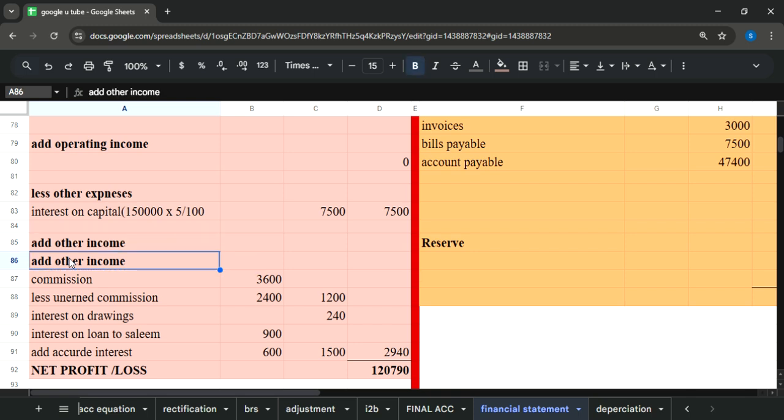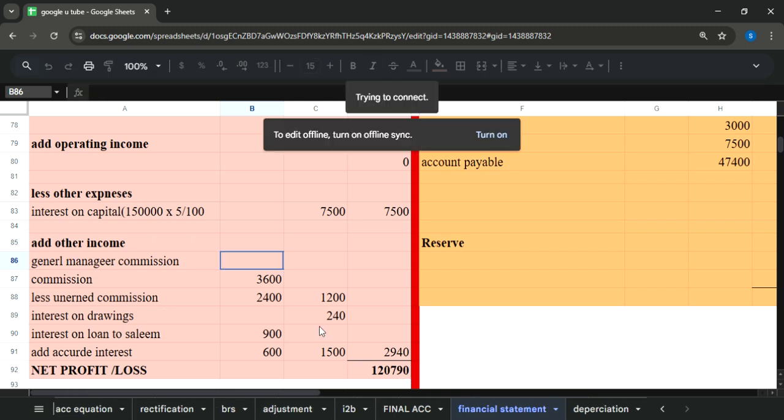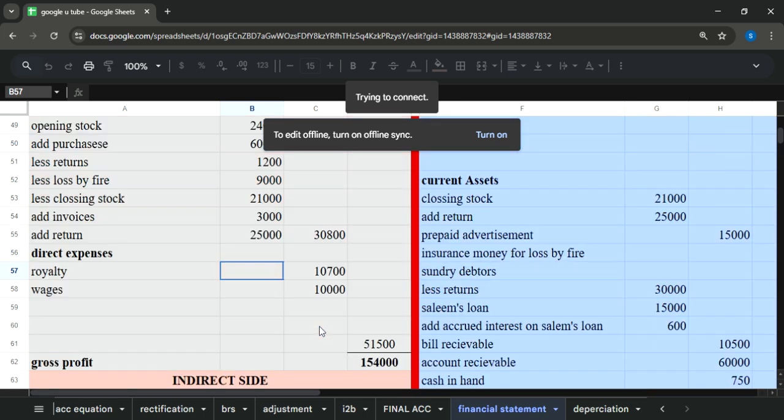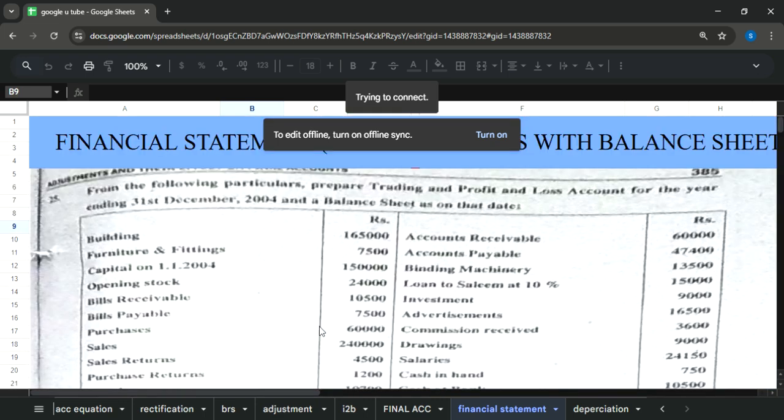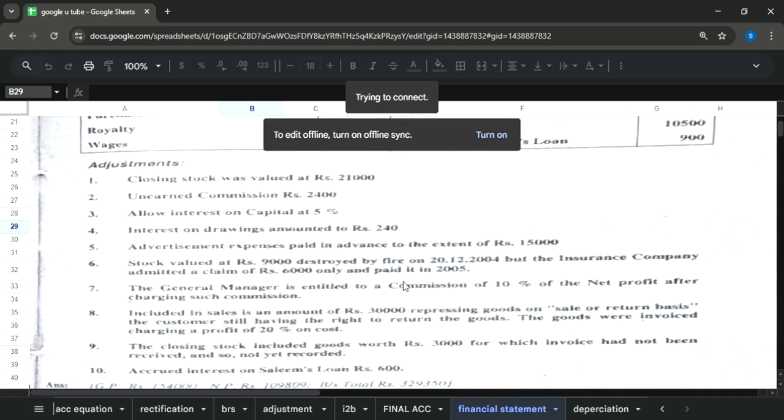And now you will calculate the general manager commission. And how would you calculate it? Please note that 790 is your net profit. We will read it again. The adjustment was that the general manager is entitled to a commission of 10% on net profit after charging.